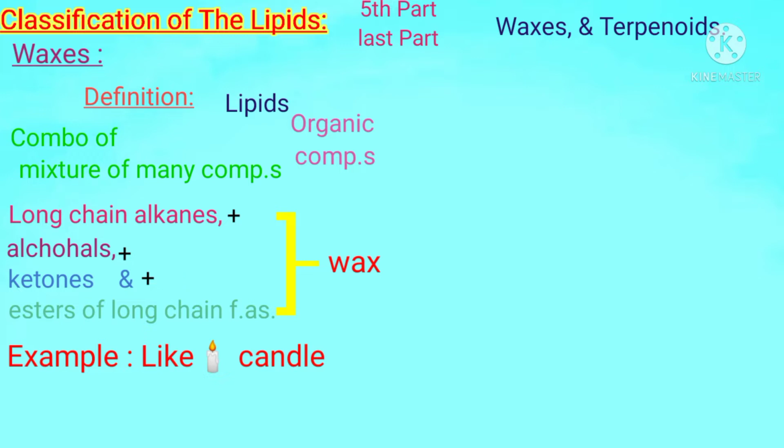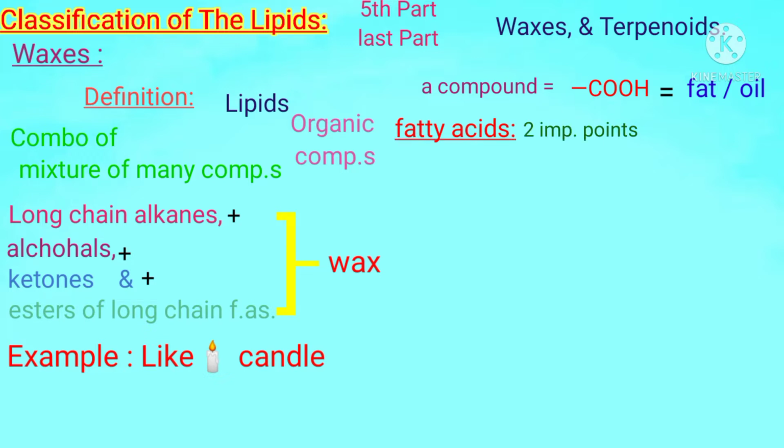Dear students, as we have already discussed, a compound possessing a carboxylic group is actually a fatty acid, found in fats or oils. A fatty acid has two important characteristics. Which are these? Let's see.